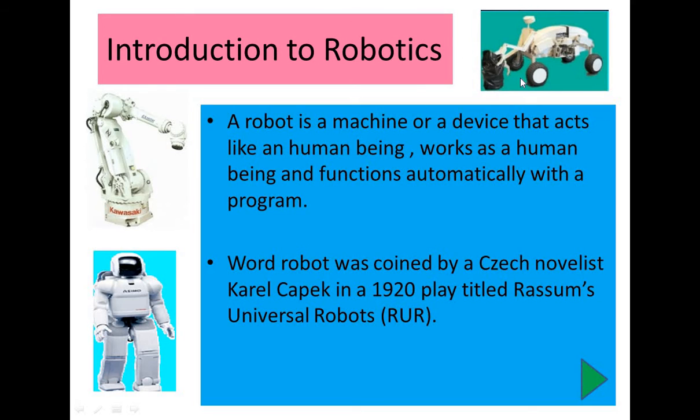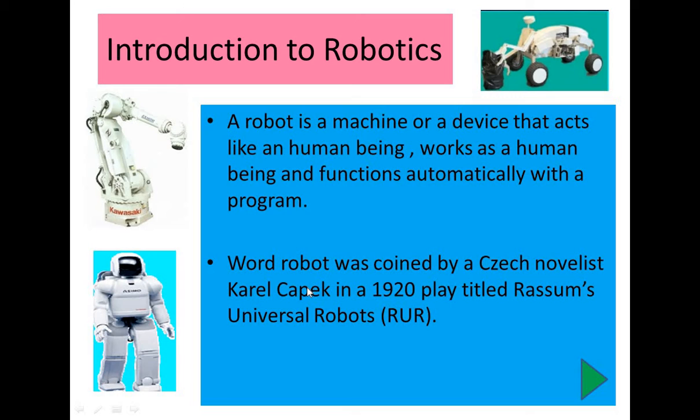Now if you can see this robot, it's also a robot because it works like a human being. If you can see this arm, it can move and catch the garbage and put it in another place, and this robot can move like human beings. It's not necessary that it has legs, but it still acts like a human being.